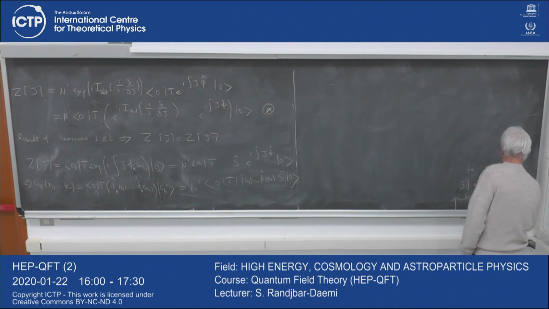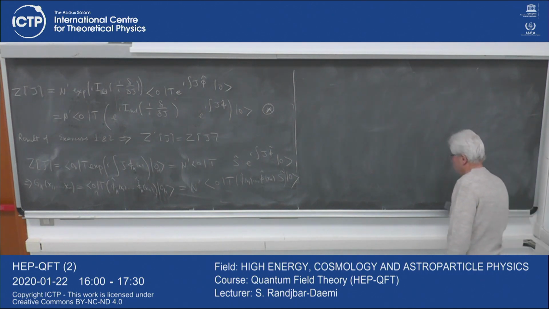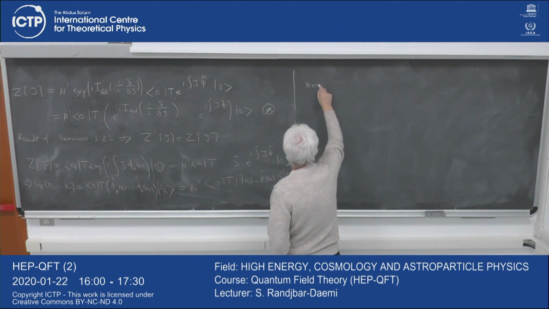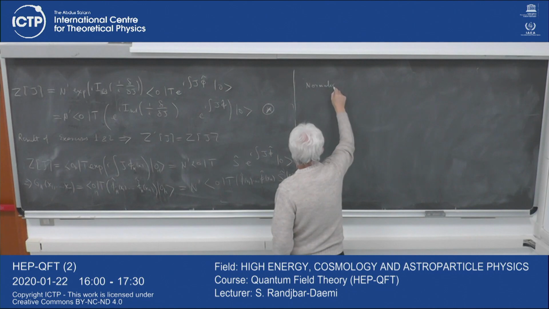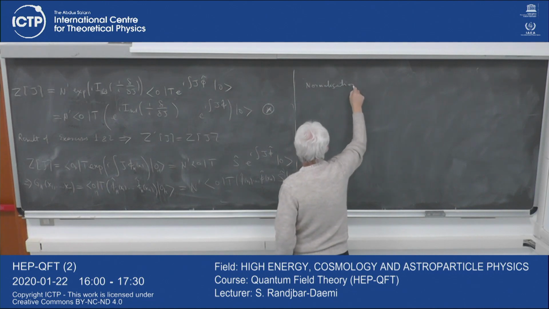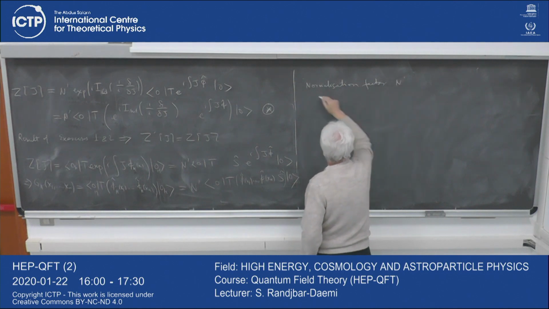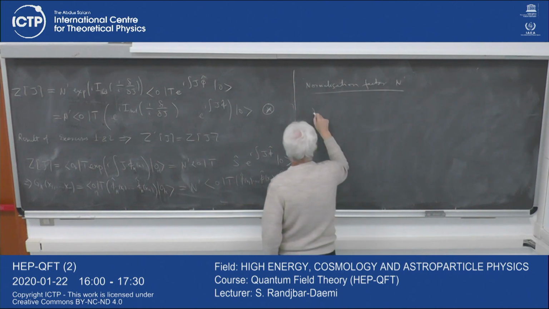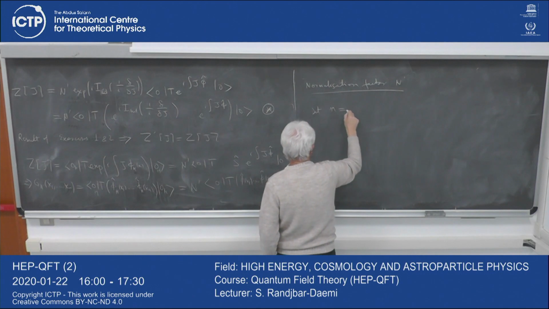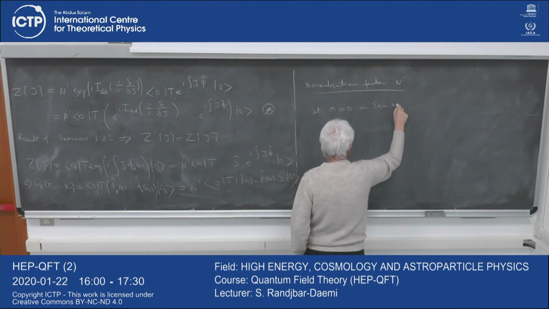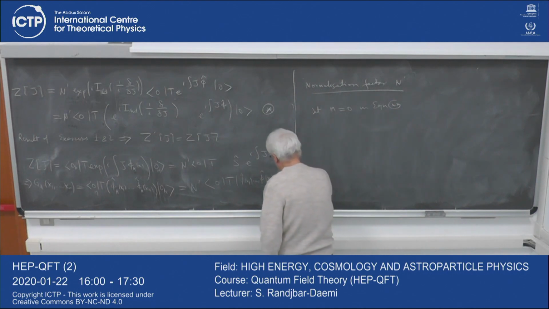So, normalization factor n prime: set n equal to 0 in equation W star. This is our equation W star.